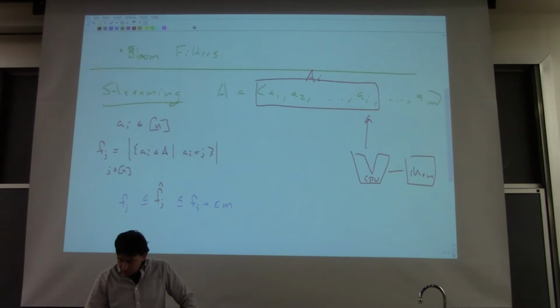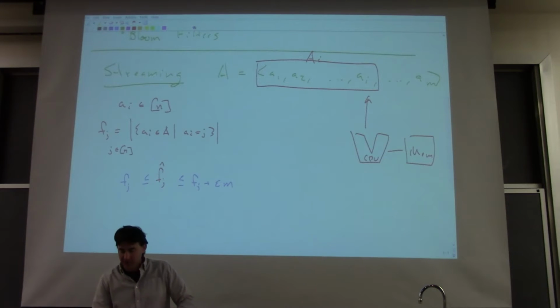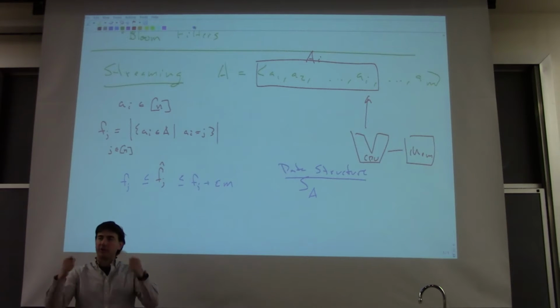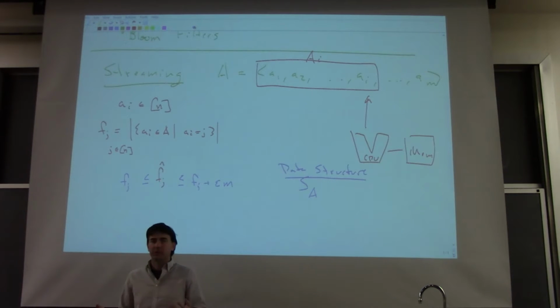What we're going to do today is we're going to explicitly construct a data structure, S of A. So think of this as you're creating a data structure, you can insert stuff into it, and you can ask certain types of queries.